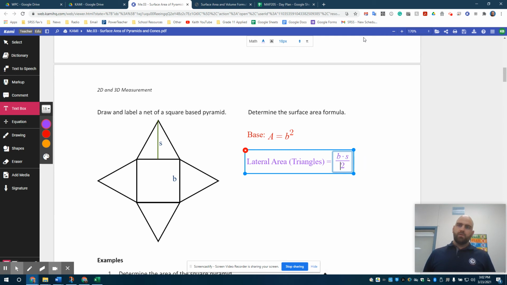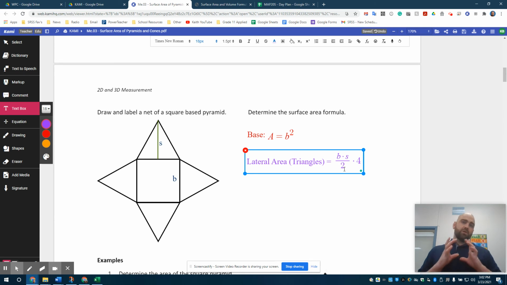So that's to find one of them because it's a triangle, right? Base times height divided by 2. Here we have our base is b and our slant height is our height. So we divide that by 2. Now because there are 4 of them, we multiply that by 4. That's our area of our triangle, multiplied by 4 because there are 4 triangles. Depending on how many triangles we have will depend on what we multiply that by.